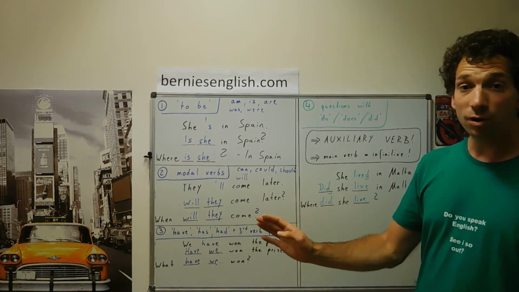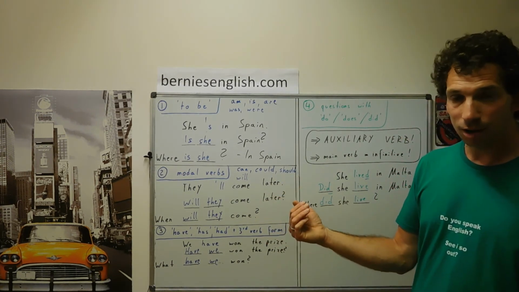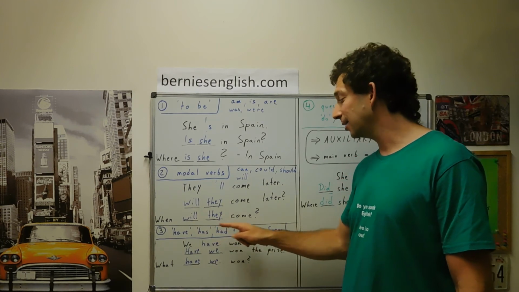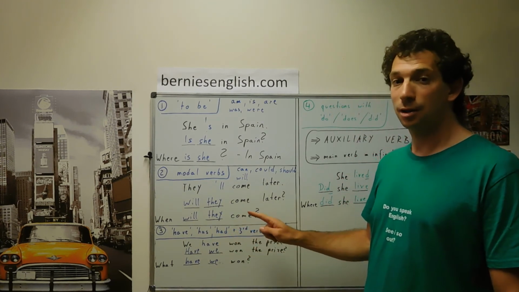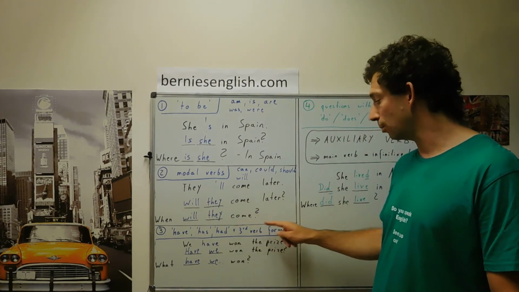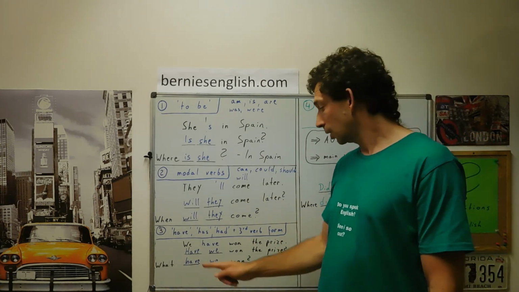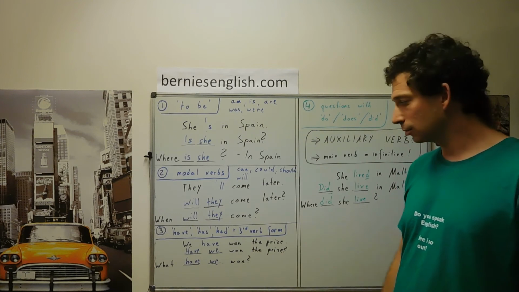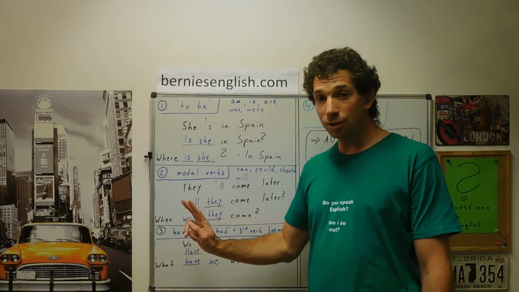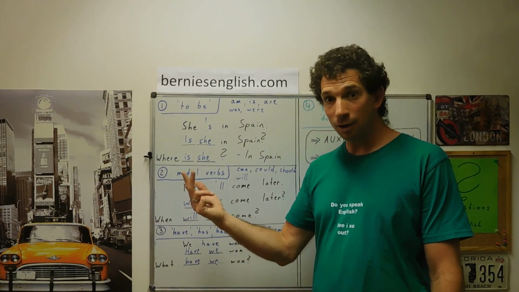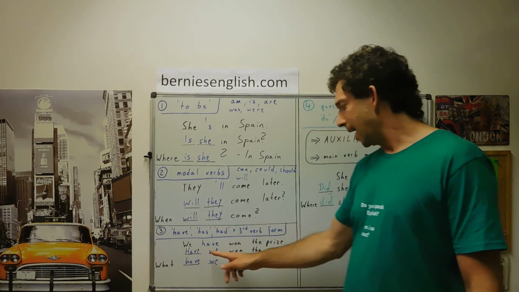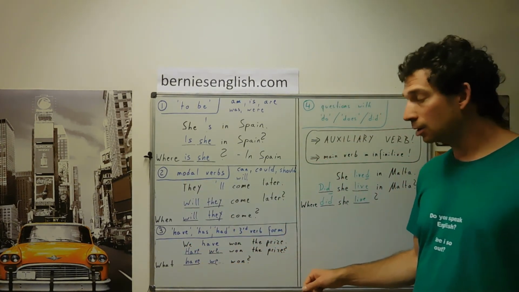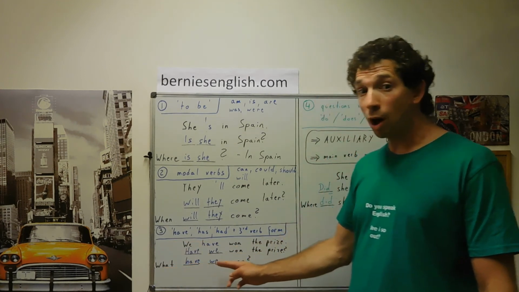Questions in the present perfect or past perfect using have, has, or had, and the past participle, the third verb form. We've won the prize. We have won the prize. Turn around, we and have. Have we won the prize? What have we won?